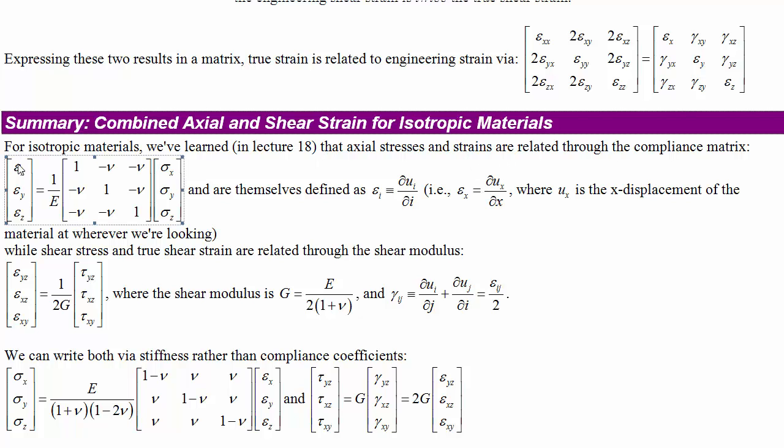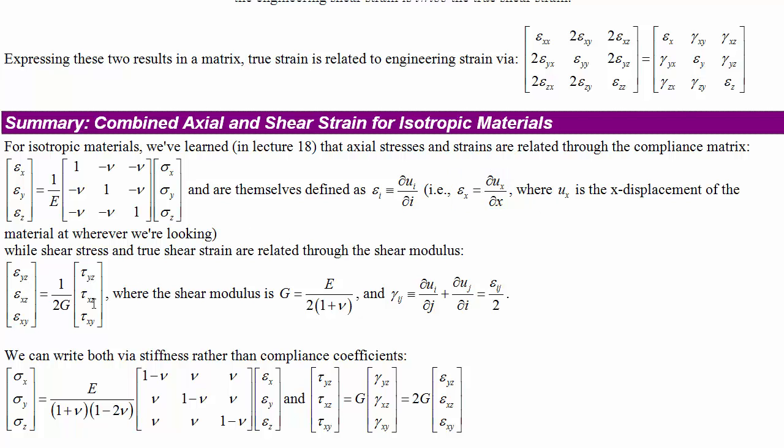So here are our axial strains, axial stresses, and there's our compliance matrix. And the strains themselves are defined as these. Epsilon i is the rate of change of the displacement in the i direction with respect to the i direction. So the x strain is del ux with respect to x.